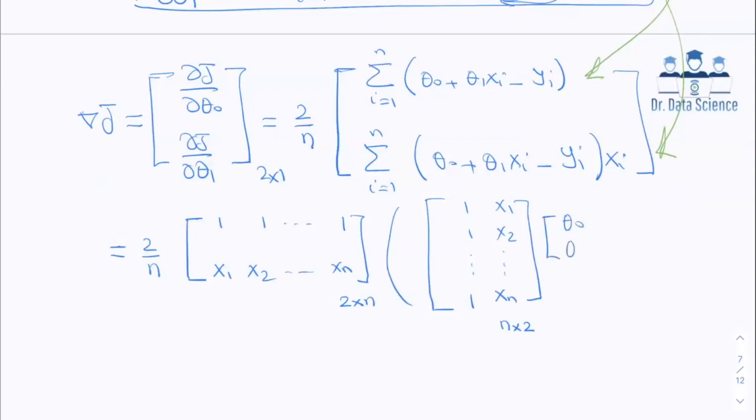And now we can multiply this by a vector that has theta 0 and theta 1. That's 2 by 1. And then we subtract this by a vector that has all the output values or the actual outputs here, which is n by 1.